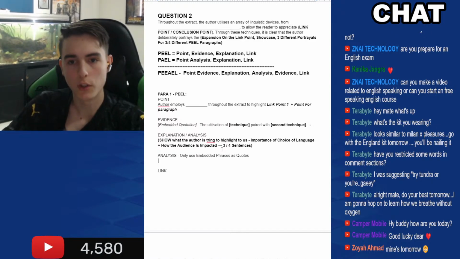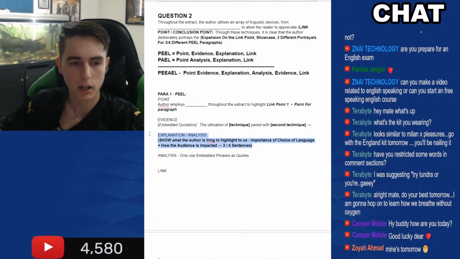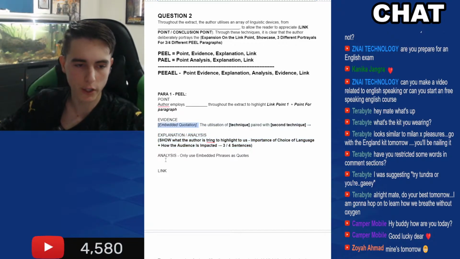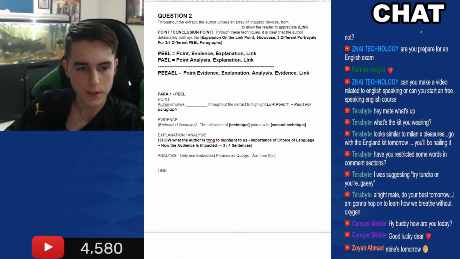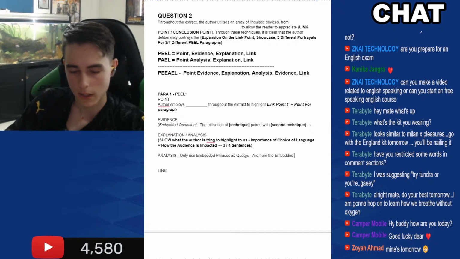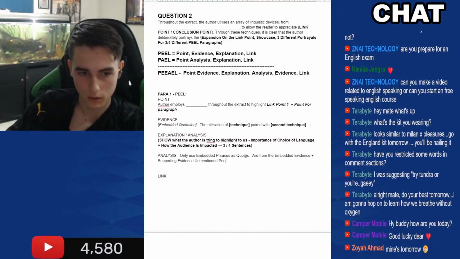What this shows is that we can actually break up the text much more concisely and much better than what we would be able to do with just one long, thick piece of evidence as shown in the embedded quote up here. So we're actually breaking this up further. And we only use the embedded phrases and quotes from the embedded evidence plus supporting evidence unmentioned prior.